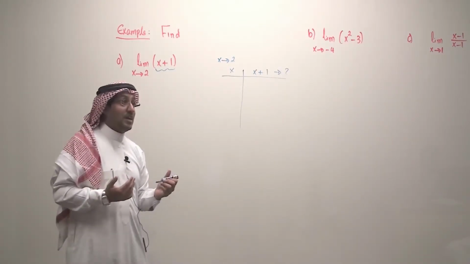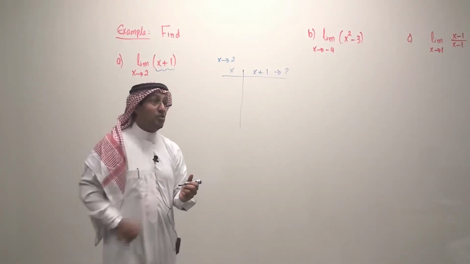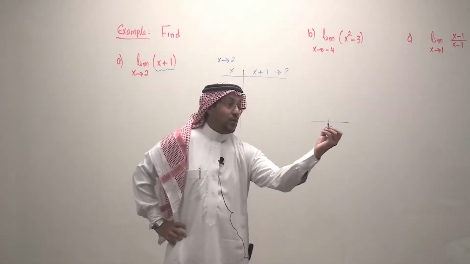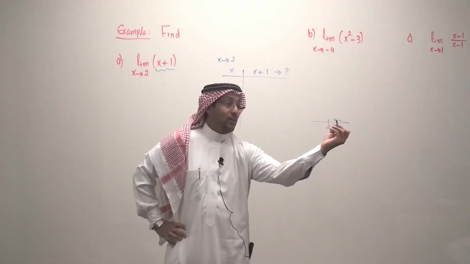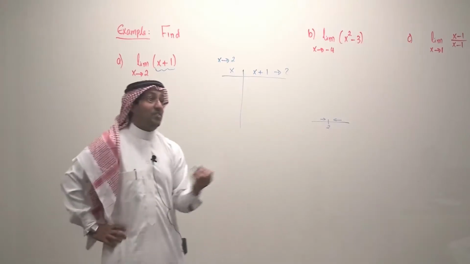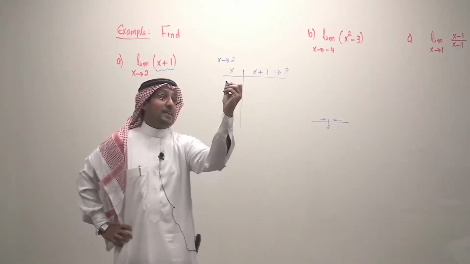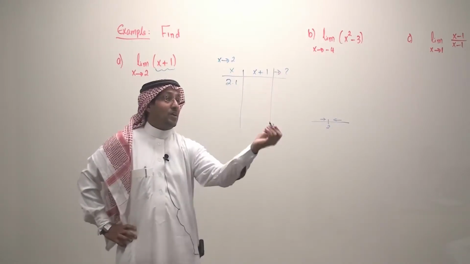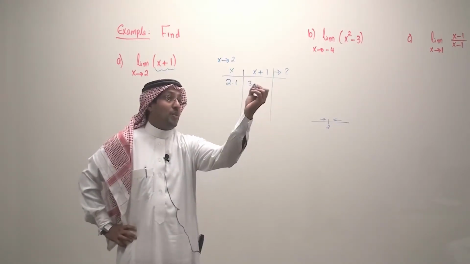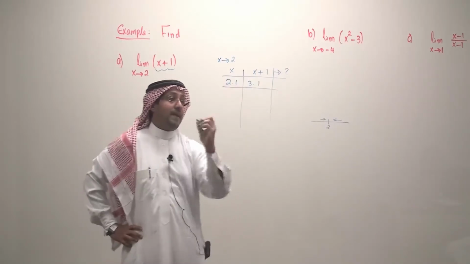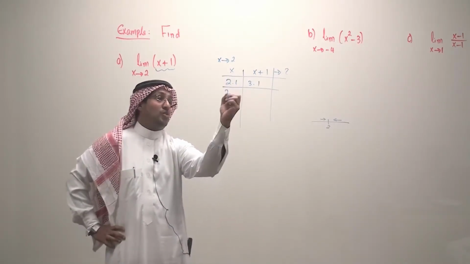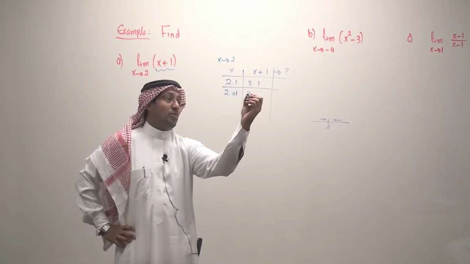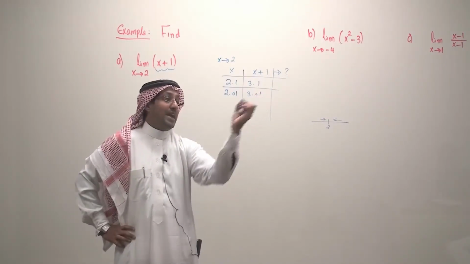Take values that are getting closer and closer to 2. For example, as we said before, you can take values on the right or on the left side. So, for example, when you take 2.1, x plus 1 is going to be 3.1. When you take closer to 2, say 2.01, then x plus 1 is going to be 3.01, and so on.